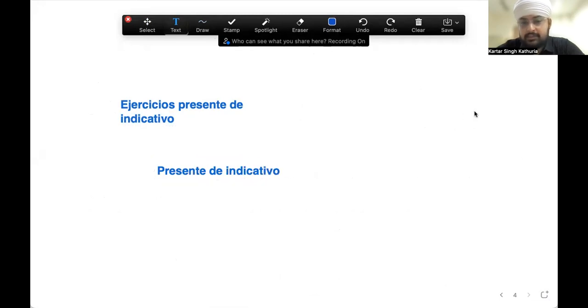You just need to type ejercicios presente de indicativo in Google and you will find a lot of exercises. And you can also search on YouTube with the same words, presente de indicativo, and you will find a lot of videos related to this present tense.